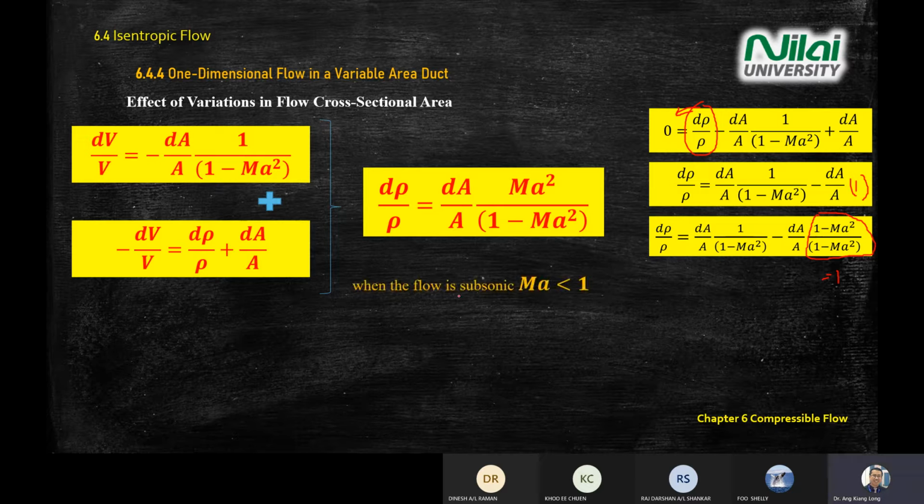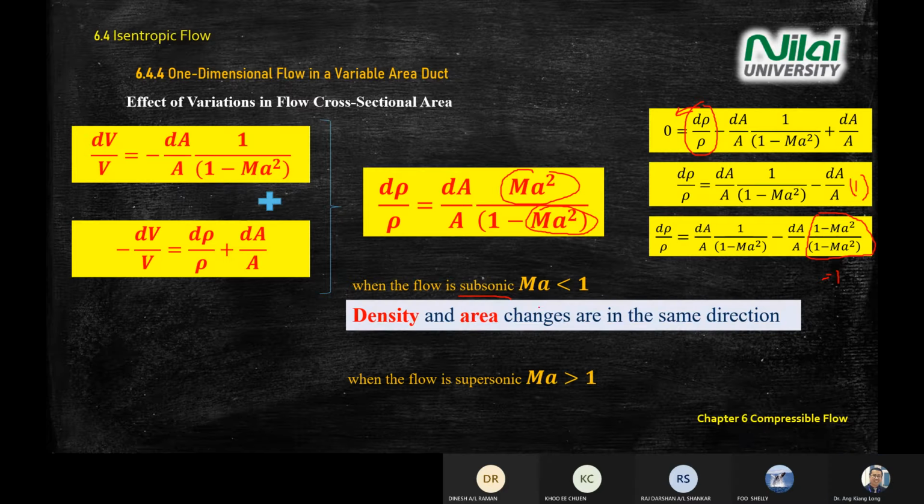So what happens if you have a subsonic flow over here? What happens to this equation? You see that when you have a very small Mach number, so if the Mach number is very small or less than 1, in the subsonic range, you can see from the equation above that the density and area will change in the same direction.